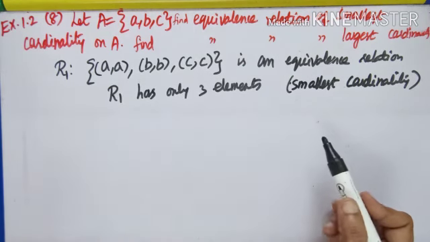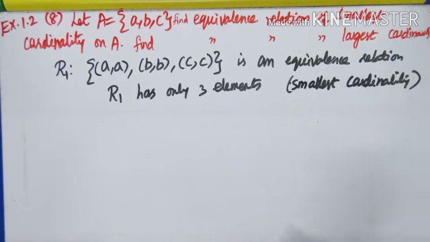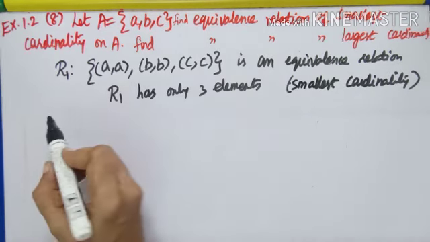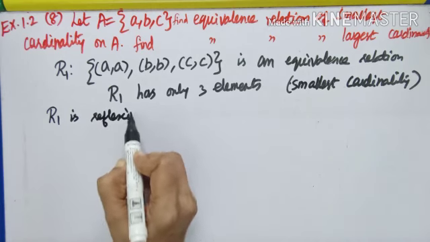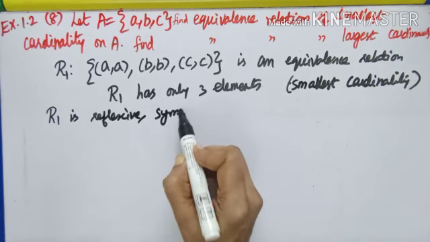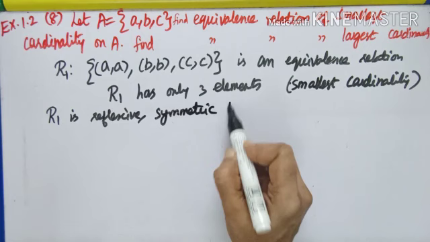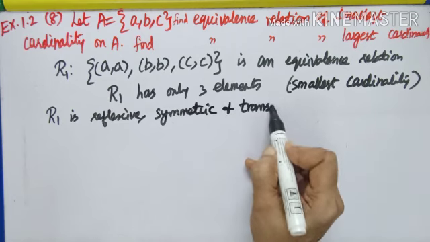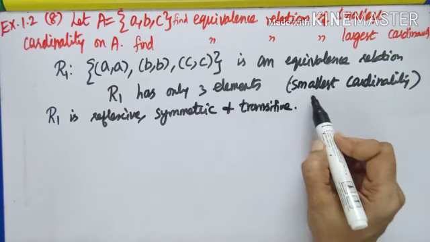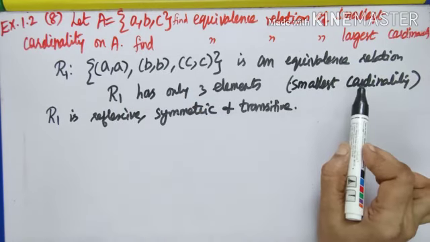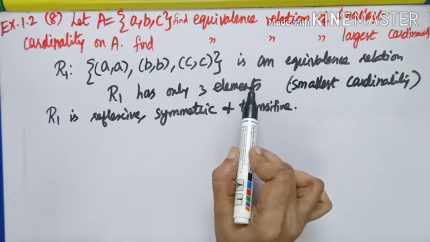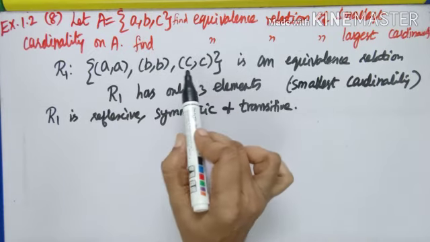And so I can declare it is an equivalence relation. So this R1 is reflexive, symmetric and transitive. And the smallest cardinality, if they give you 3 elements, will contain only 3 elements, and that is the repetition pair.